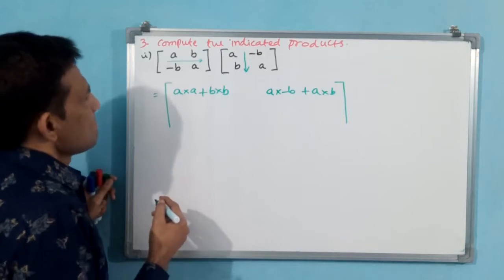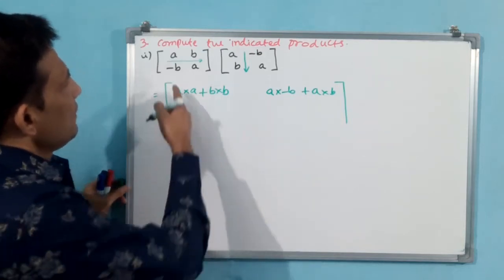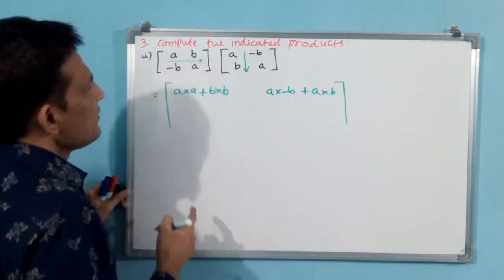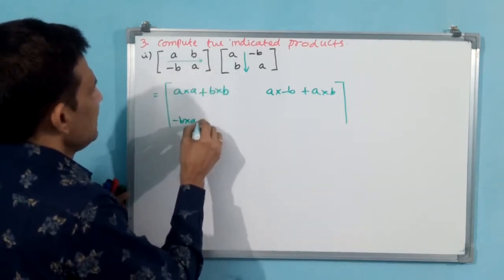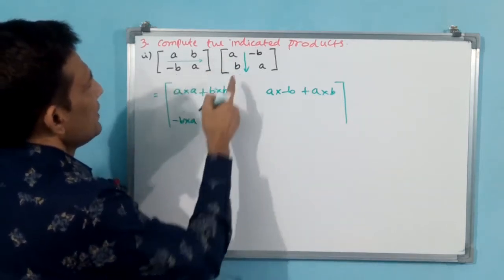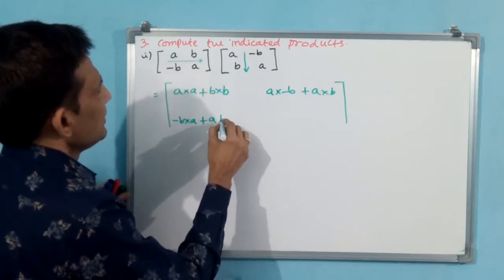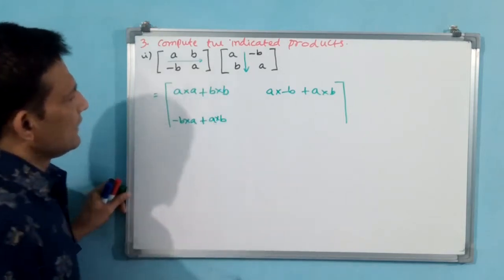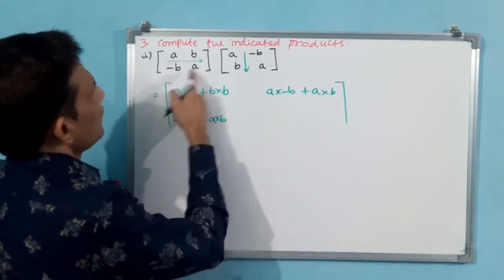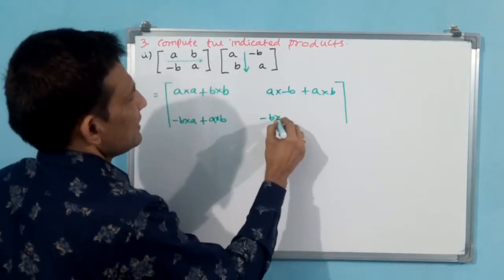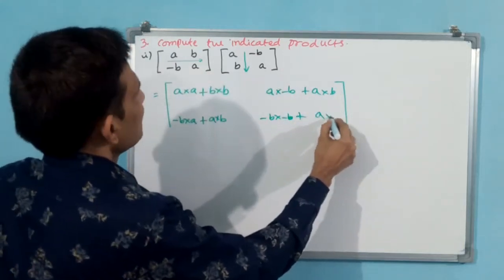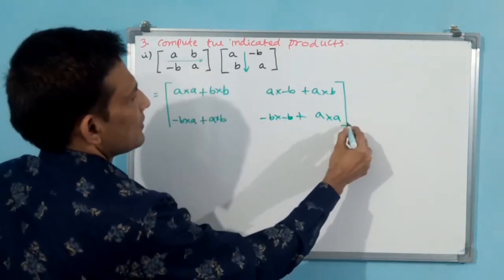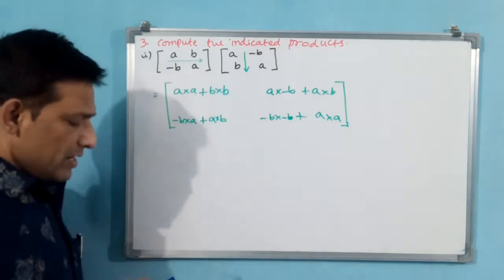Now, second row, first column: minus A into B or minus B into A, minus B into A, and plus A into B. Then second row, second column: minus B into minus B plus A into A. Is it okay now?